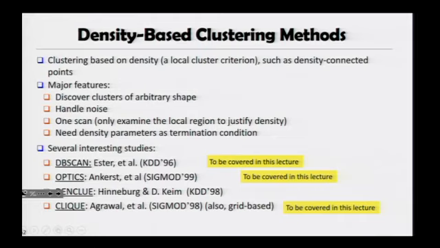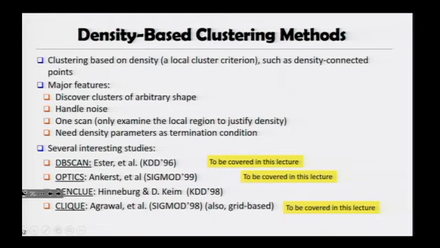So the critical concept in these kinds of methods is how to define the density in terms of different needs. The major advantage of the density-based clustering method is that it can discover clusters of arbitrary shape, and it can handle noise, because when you have this concept of density, you also have ways to deal with those scattered outliers in the data space, since those data points will not be dense in terms of your measures.